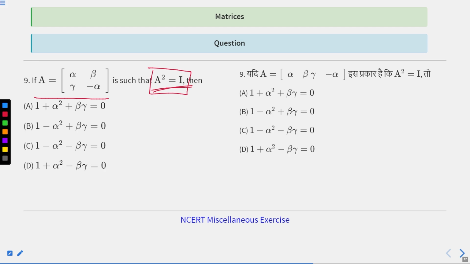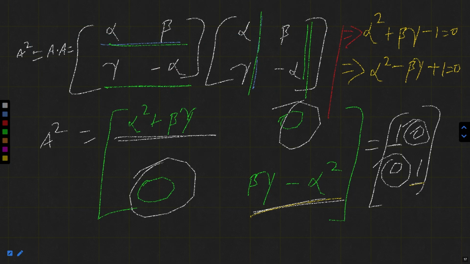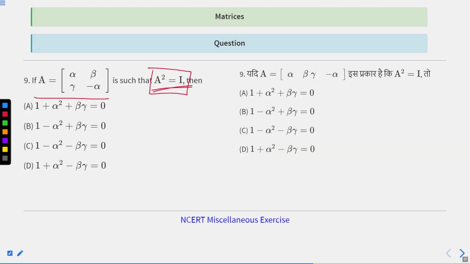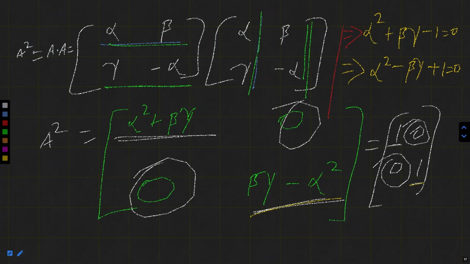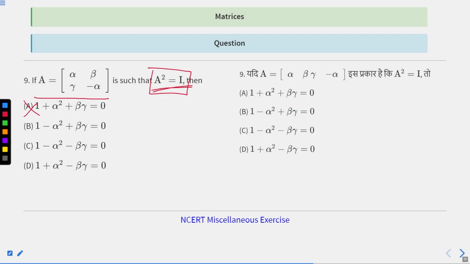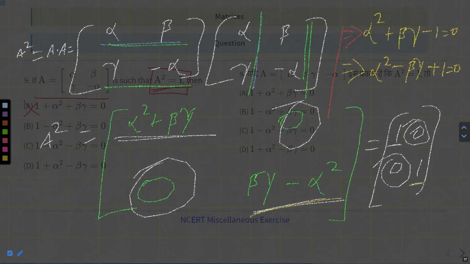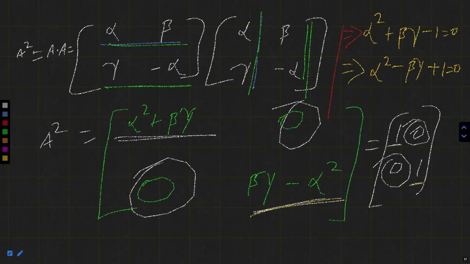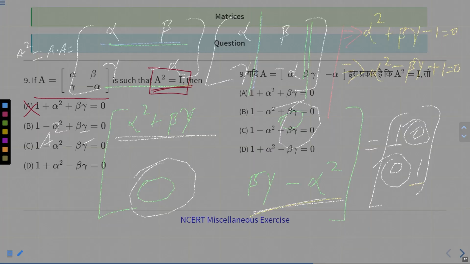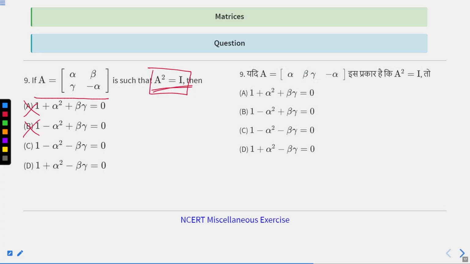So alpha square plus beta gamma is equal to 1. This is not true, as you can see. What about this? 1 minus alpha square minus beta, so this will also not happen.